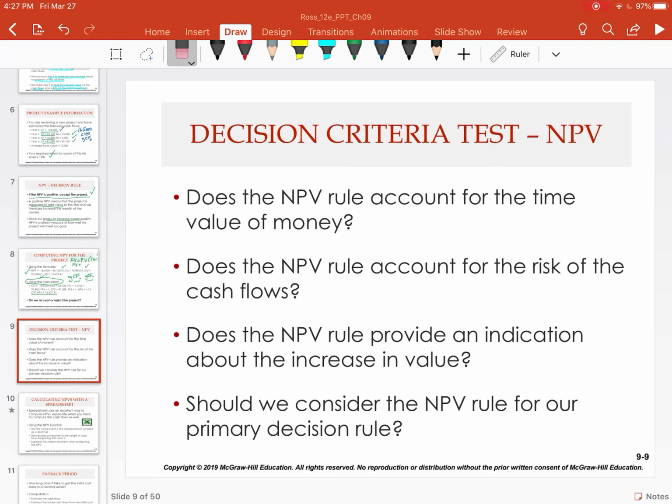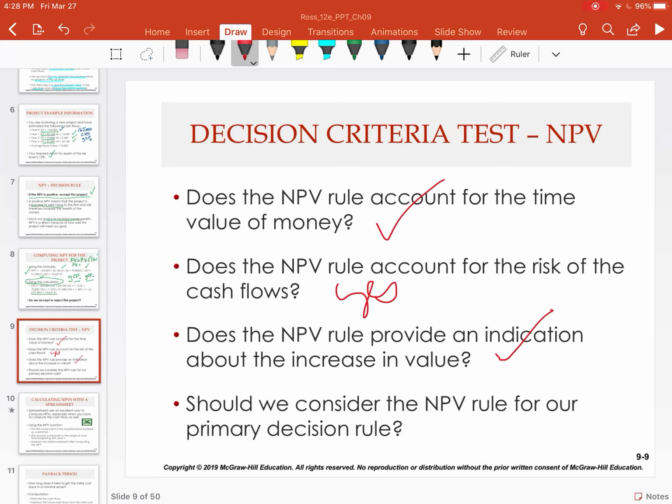Does the net present value rule account for the risk of the cash flows? Yes. Does net present value provide an indication about the increase in value? Yes, we solve for it, so we know that if it's a positive number, it's an increase in value. And so yes, it does give us an indication.